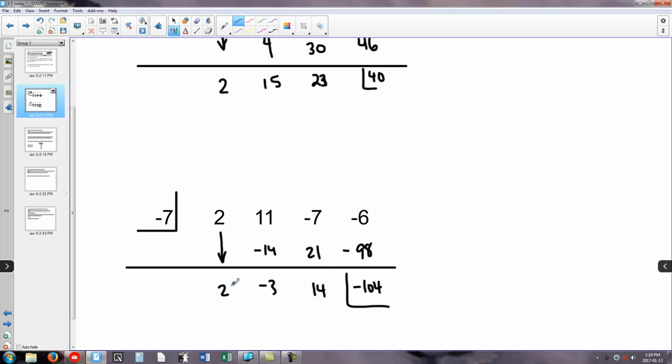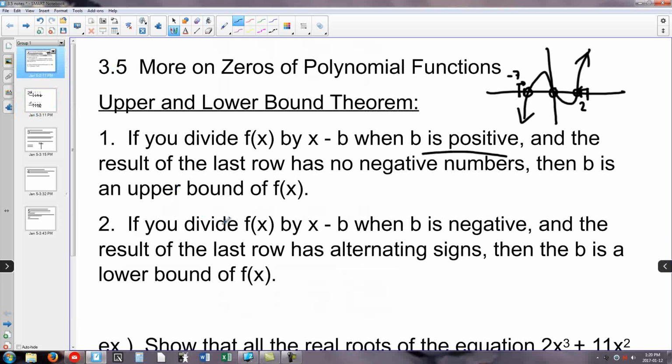Okay, and so if we look at these, we notice it goes plus, negative, plus, negative. We see the sign switch every time. Well, when you're using a negative number and that happens, the alternating signs, then you know that it is on the left of all the zeros.